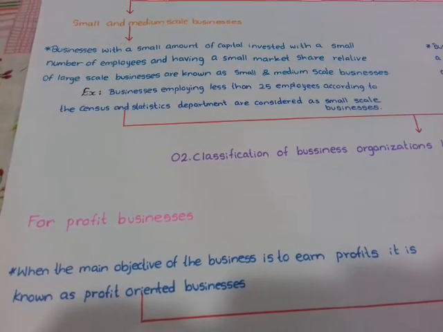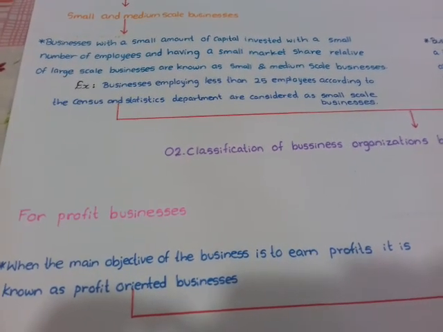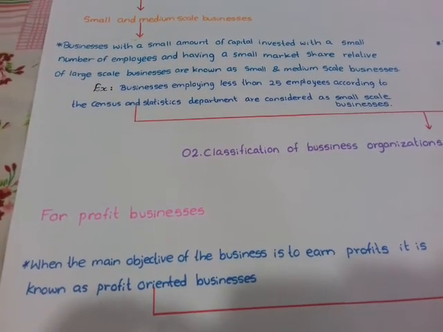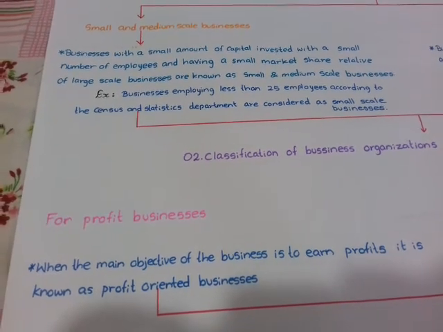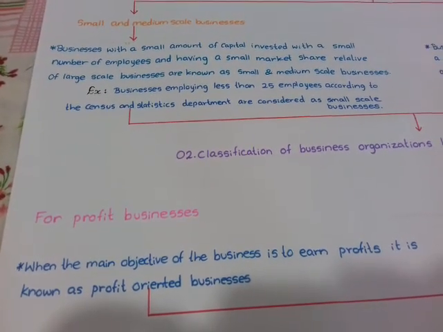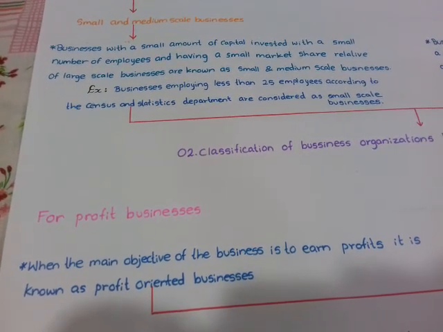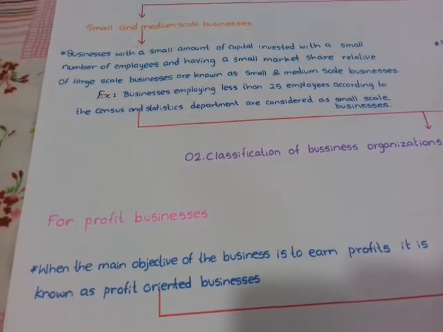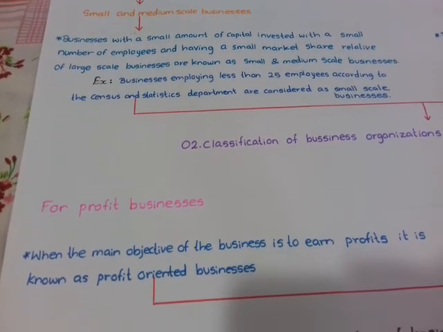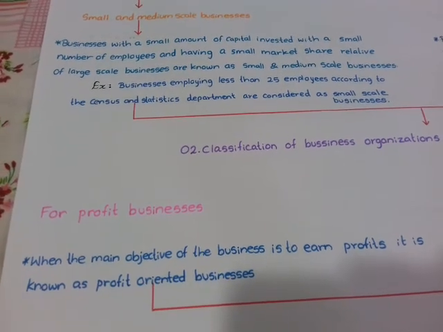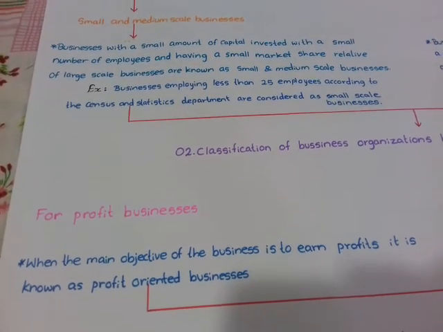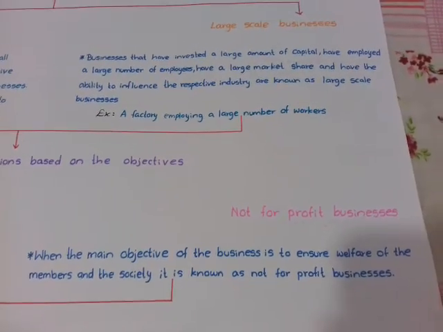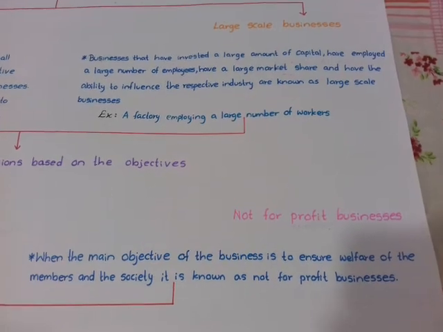If we focus on for-profit businesses, from the name itself we can think that it is thinking of gaining profits. That means the main objective of that business is to gain profit. When the main objective of the business is to earn profits, it is known as profit-oriented or for-profit business. And here we have not-for-profit businesses.